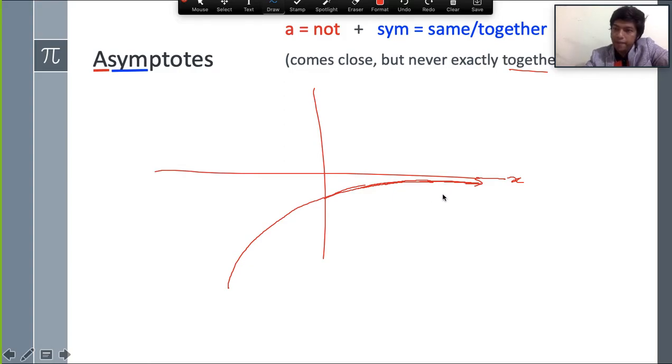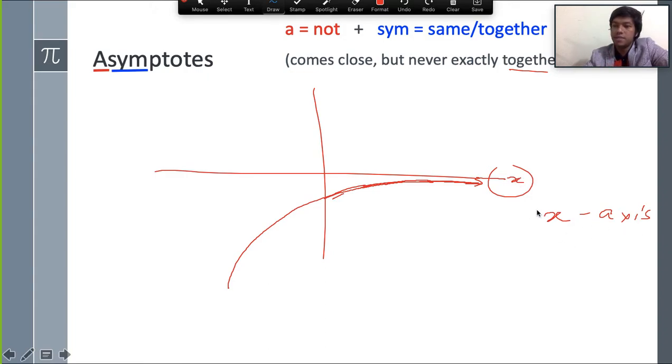If the graph comes closer and closer to some line, then that line will be the asymptote for this graph. So in this math, the x-axis will be the asymptote for this graph, because the graph comes closer and closer to the x-axis.